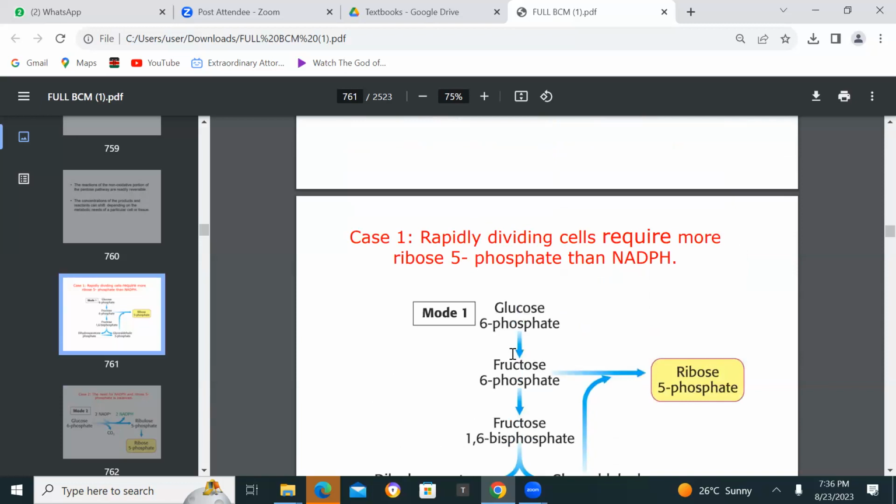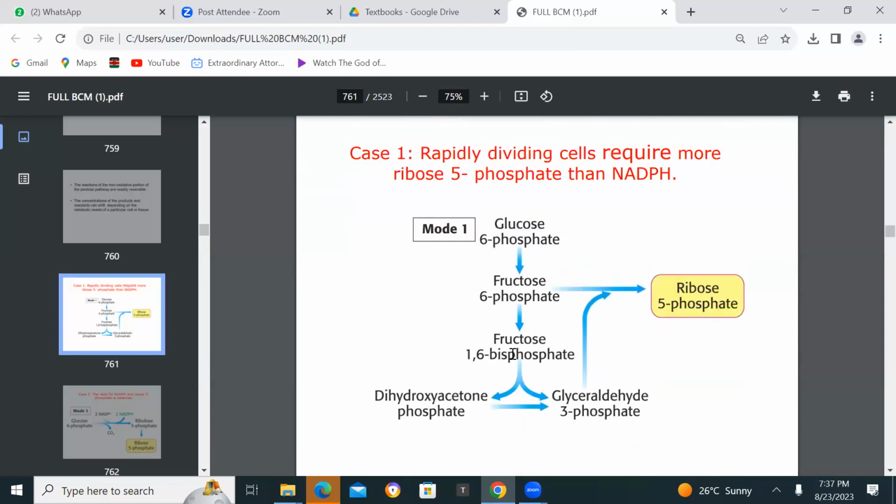But yeah, like we're saying, the pentose phosphate pathway can, depending on the body needs and demands, be driven towards giving more of one of its products. For example, if it's rapidly dividing cells, then we need more of the ribose 5-phosphate, as opposed to giving more glyceraldehyde, and maybe there's even no need for energy currently.